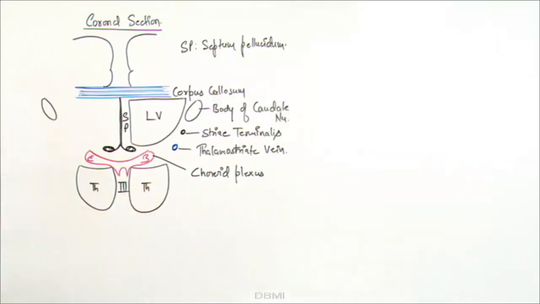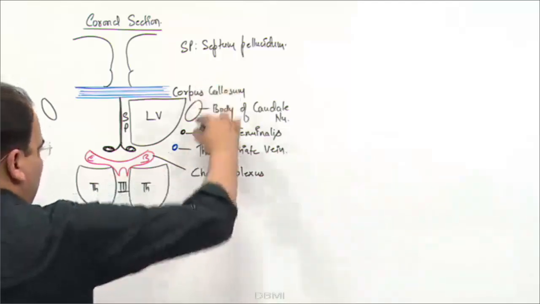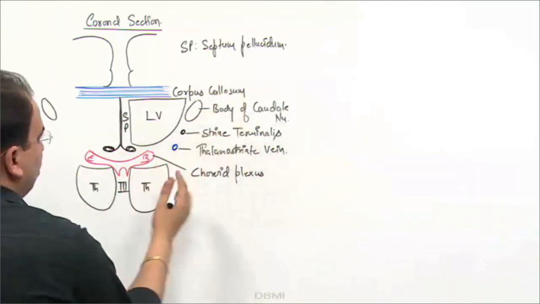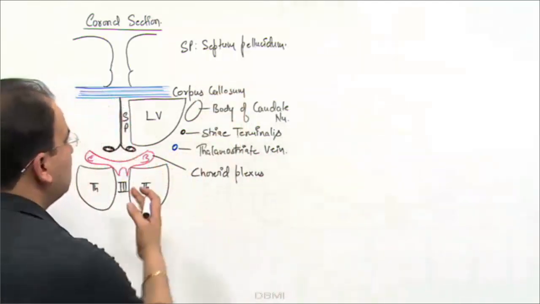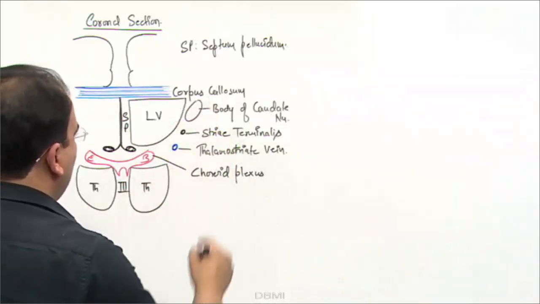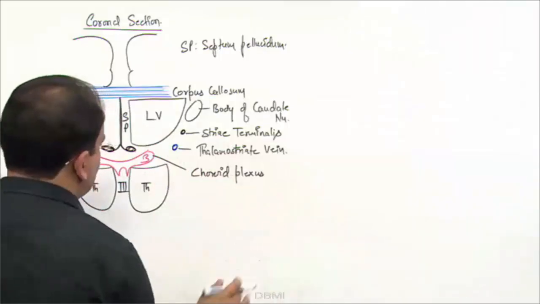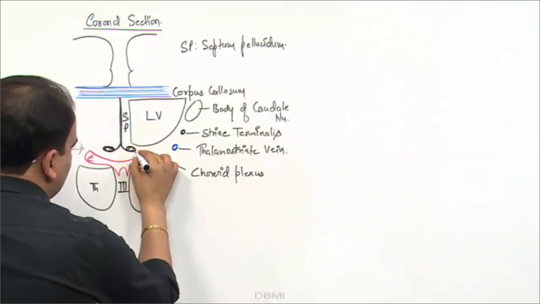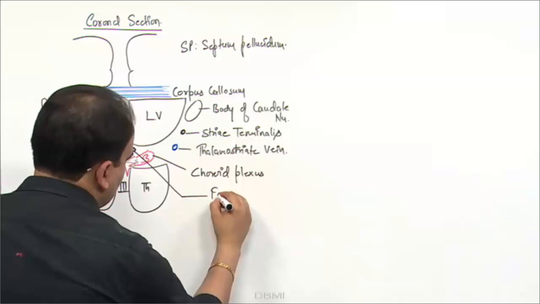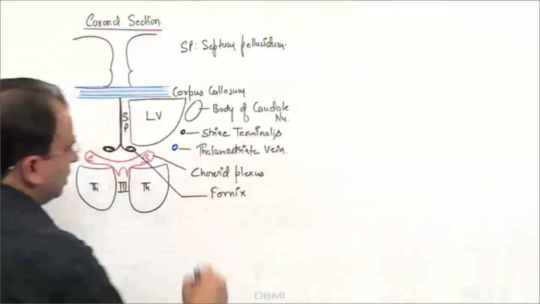So what you can see is that the floor of the lateral ventricle is made up of all these things. There is no lateral wall of the lateral ventricle. This whole thing is the floor of the lateral ventricle: body of caudate nucleus, stria terminalis, thalamostriate vein, choroid plexus, and even the fornix.